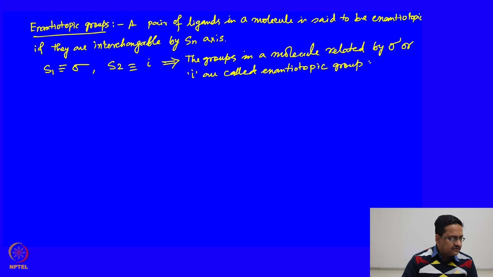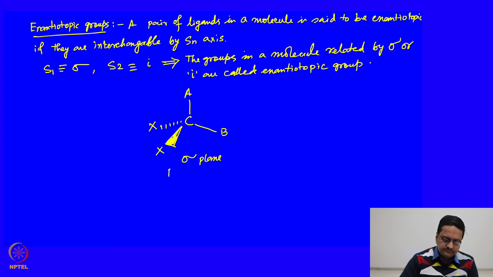Let us see this with one example. Suppose we have a carbon center with two different groups A and B and two identical atoms X. These two groups are related by a sigma plane, that is the plane of the projection.